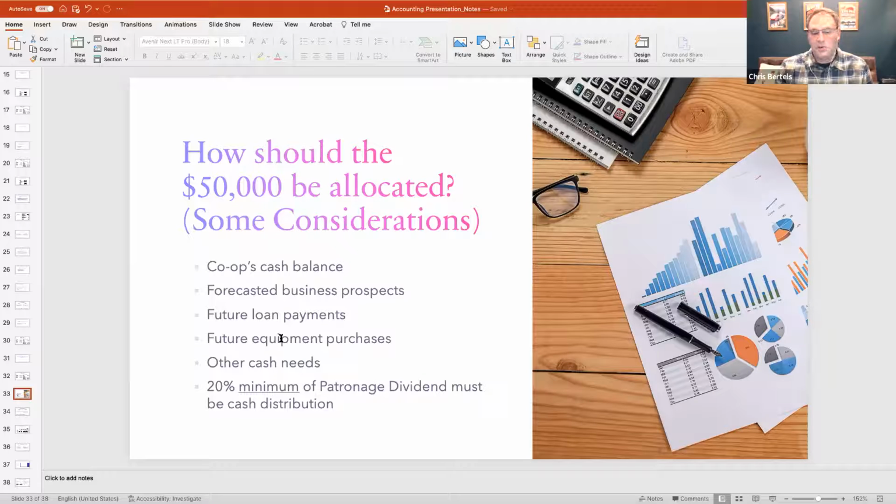And then the equipment's going to wear out, so you're going to have to replace that. There's just many, many more things to consider. It's a co-op by co-op decision basically. And just remember that $20,000, or 20% of the patronage dividend, has to be paid out in cash.